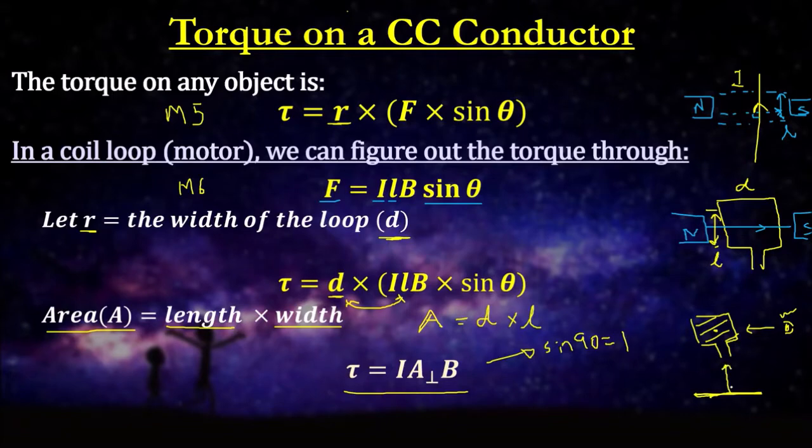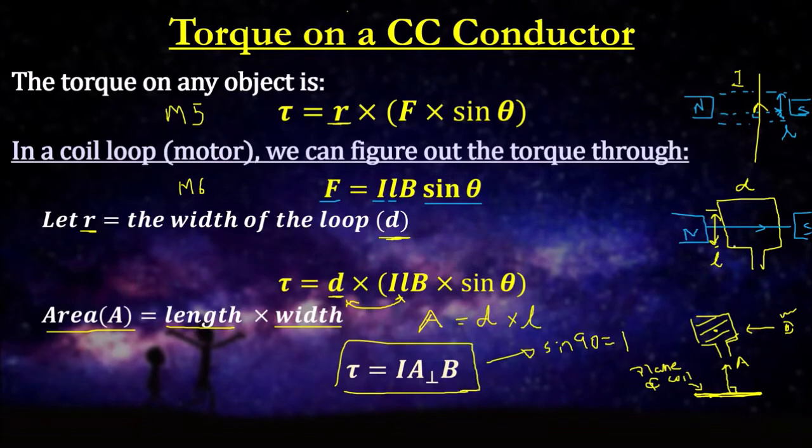This is my area vector A. So vector A is always acting at 90 degrees to the plane of the coil. So this bit here is the plane of the coil. And the area vector is always acting at 90 degrees to it. That's essentially what this formula means.